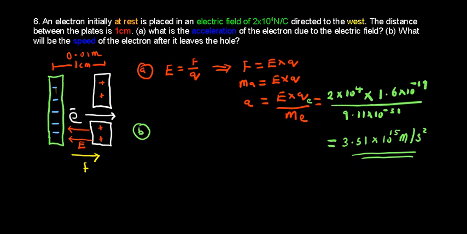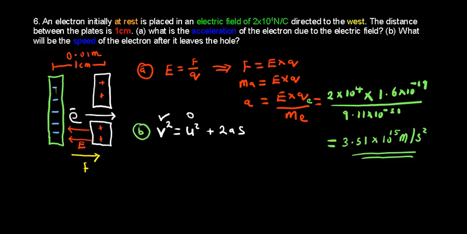So we are going to use one of the equations there. v squared is equal to u squared plus 2ax. Here we are looking for v. We know our initial speed, which is 0, because the electron is initially at rest. And we have our acceleration and we have our distance.